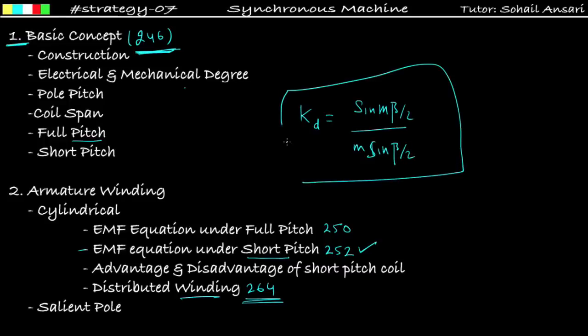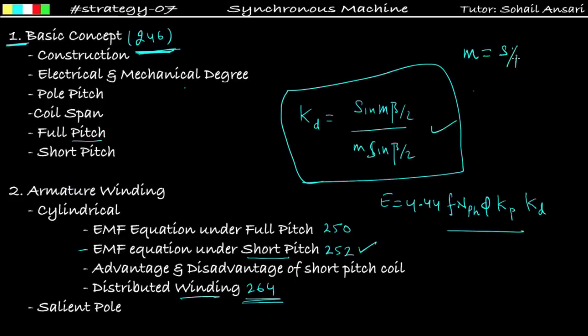Because of distributed winding, again EMF will not be equal to 4.44 f N phase phi. It will be equal to, suppose this is Kp, again one more factor Kd will come, where m is the phase width that is given by slots per pole per phase, and beta is given as 180 upon slots per pole.